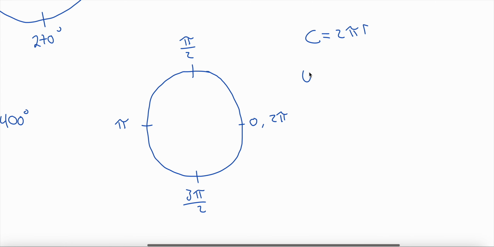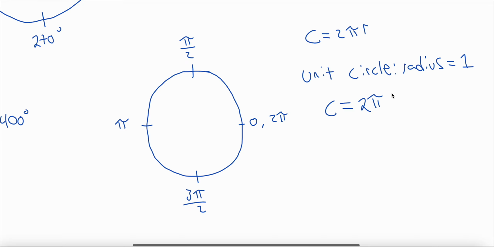So if we have a unit circle, meaning the radius equals 1, then the circumference of that circle is equal to 2 pi. And that is the key here. The key is that the radians is truly just a measure of the circumference of the unit circle. And so this 2 pi radians is this circumference if this is a unit circle.